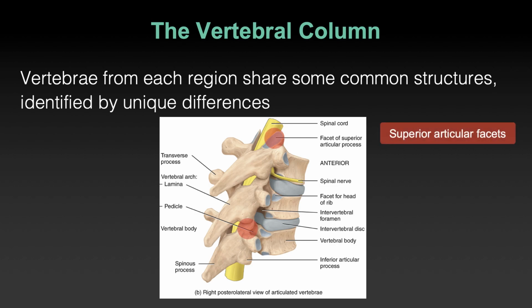There are superior articular facets, and a facet is just sort of a concave surface. This little indentation, if you will. The superior surface points up for most of the vertebrae, but it's on the superior surface, and it will interface with the inferior articular facets of the vertebra above it.